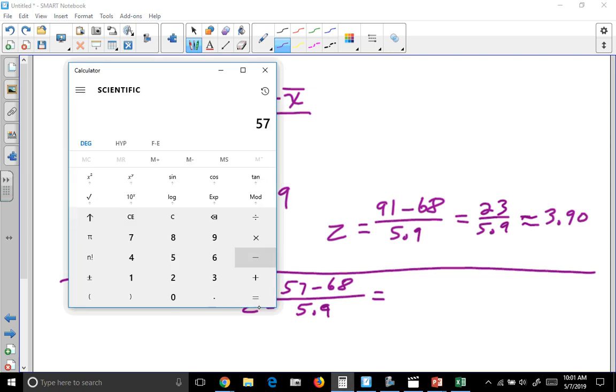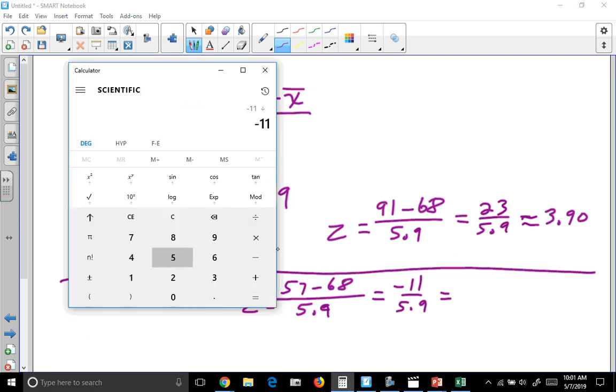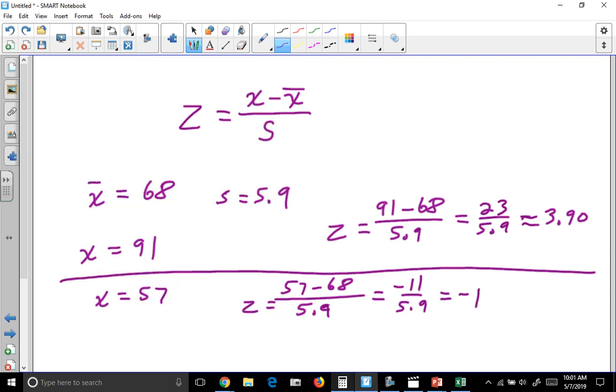So 57 minus 68 is negative 11 divided by 5.9. So that's about negative 1.86. Normally we're going to go to 2 decimal places there. Notice it's negative. That's because that piece of data is below the mean. It's lower.